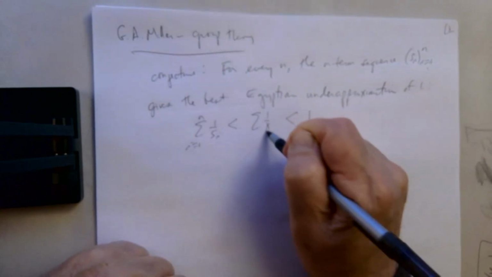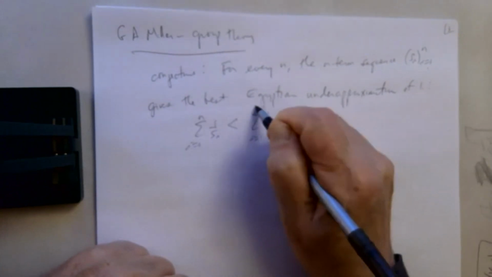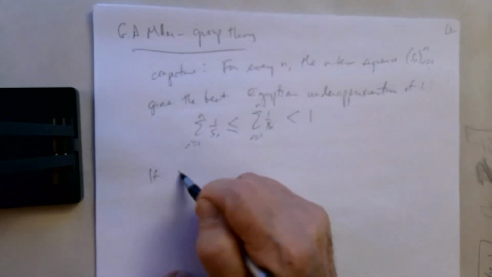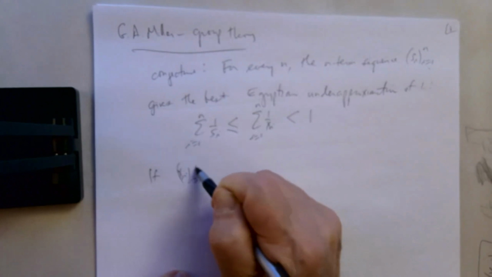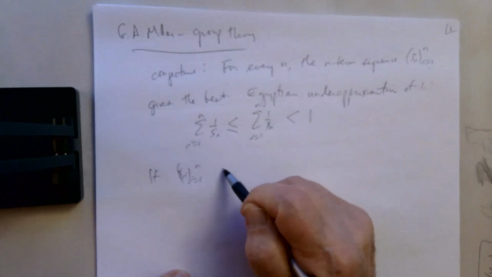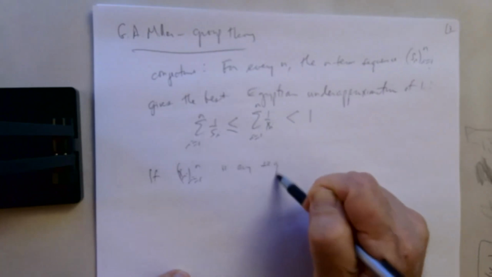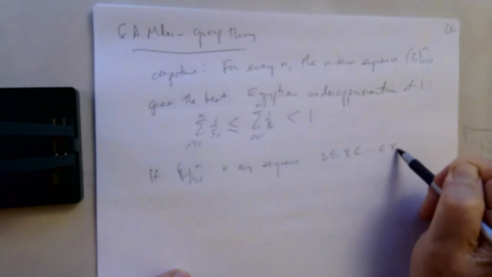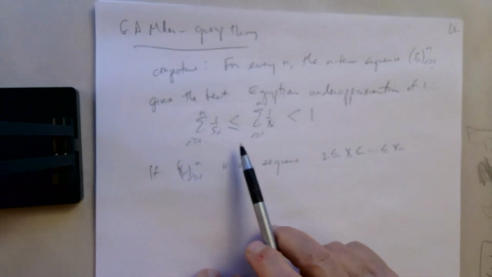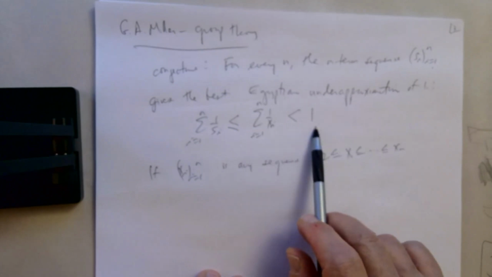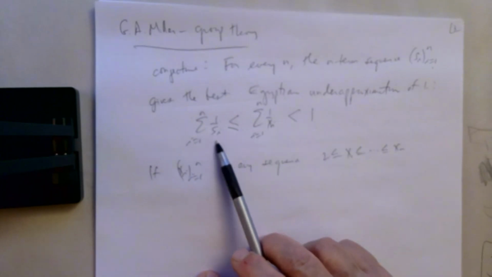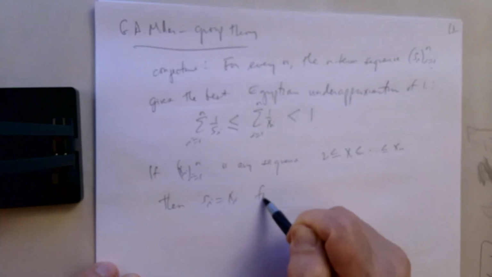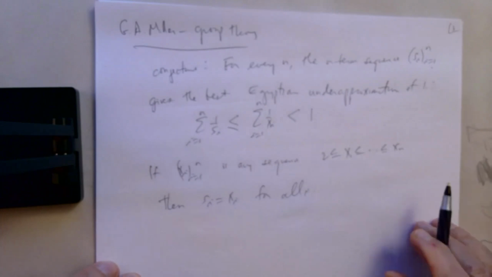If you have some other sequence of integers, so if x_i, i goes from 1 to n, is any sequence of integers, which you can write in increasing order, which is at least as good an under approximation to 1 as you get from the Sylvester sequence, then S_i equals x_i for all i.